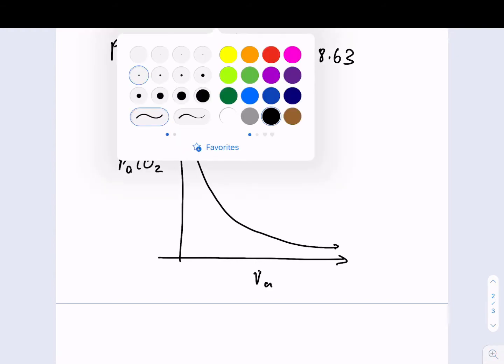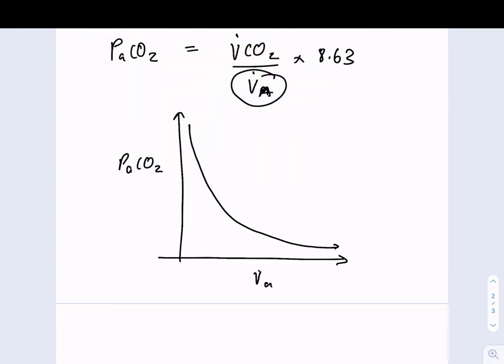But if we increase our carbon dioxide production, this curve is essentially going to be shifted as follows. So for every unit of alveolar ventilation, the amount of carbon dioxide is higher. So if we are producing more carbon dioxide, then to have the same value of PaCO2, we're going to have to increase our alveolar ventilation. Okay, I hope that makes sense.